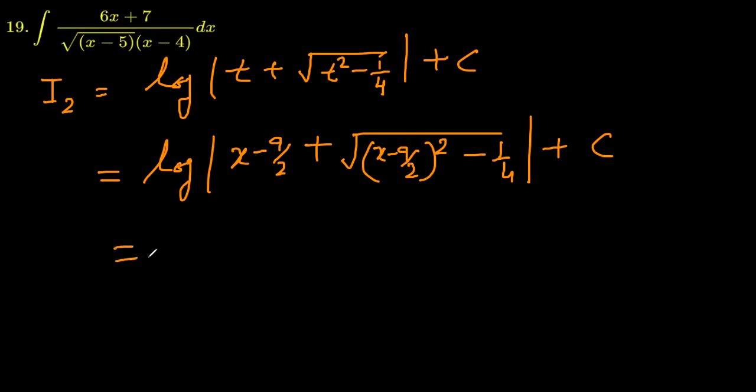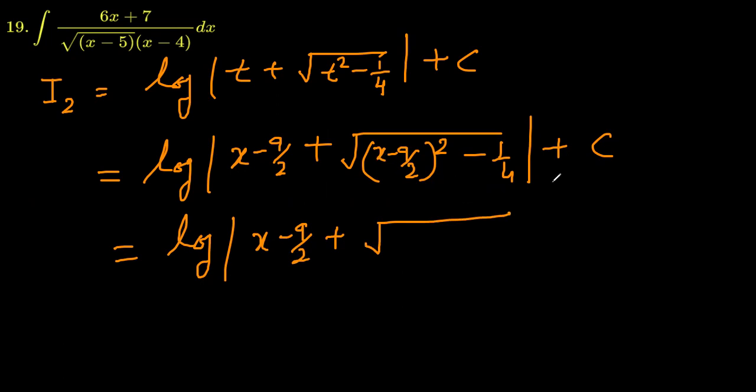So our I2 is going to look like log of x minus 9 by 2 plus this expression. If you expand, you will get x squared minus 9x plus 20, and plus C2, since this is I2.